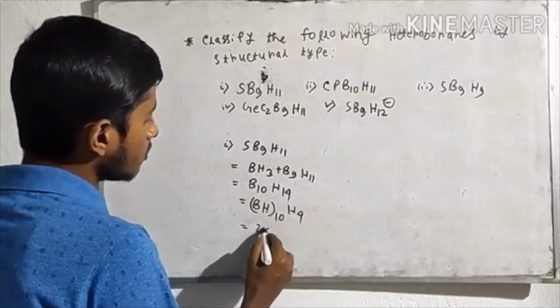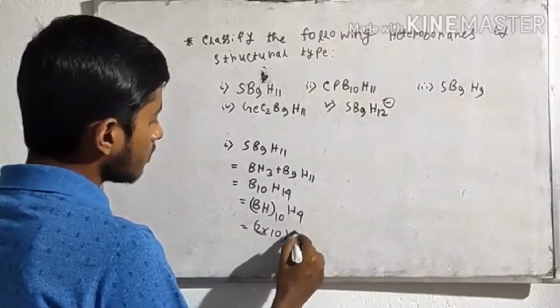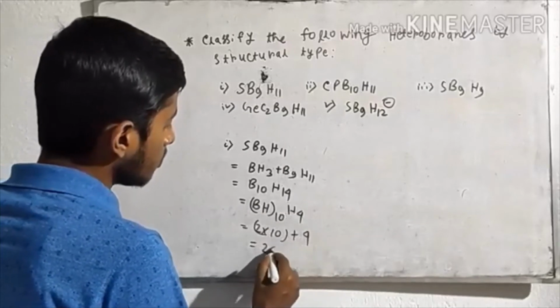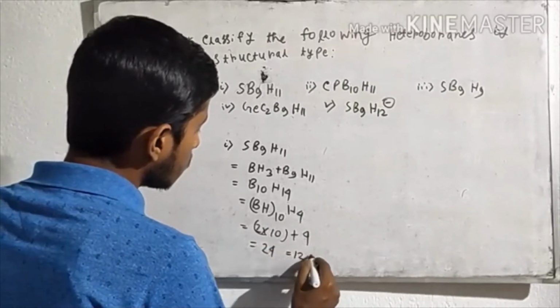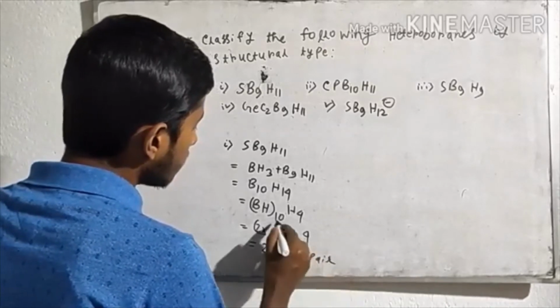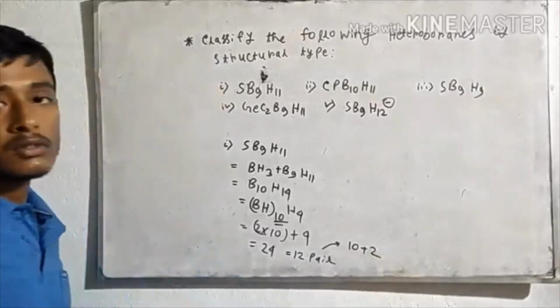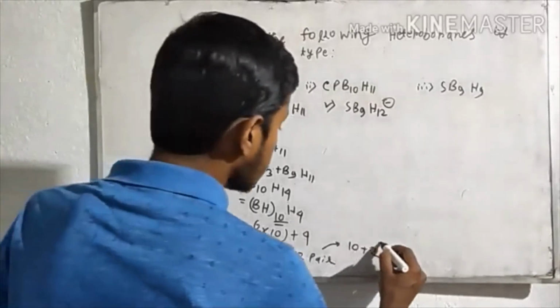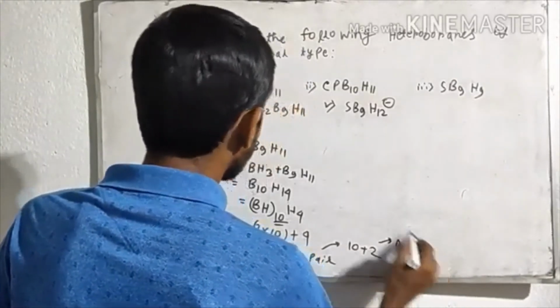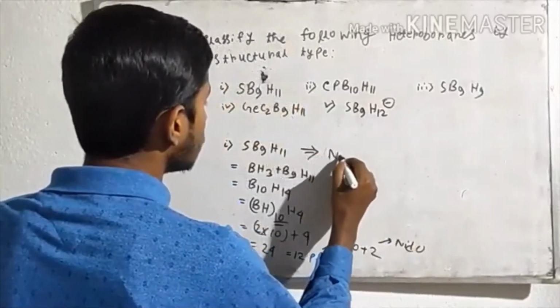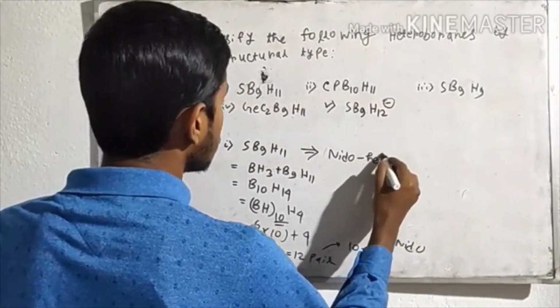Each BH unit will contribute 2 electrons. Each additional hydrogen will contribute 1 electron, so it will be 24. That is 12 pairs. There are 10 vertices, so it can be written as 10 plus 2, that is n plus 2. So it will be a Nido. So the heteroborane is a Nido heteroborane.